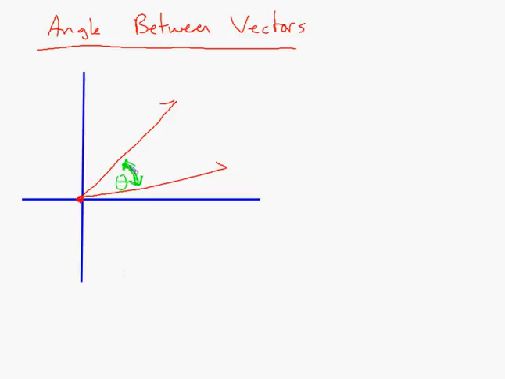Now you can answer this question without the formula that I'm going to give you. Let's walk through that thinking, how you would do this without it. Let's say this is vector A, and this is vector B. Let's say vector A is 5, 1, and vector B is 3, 5. Okay?